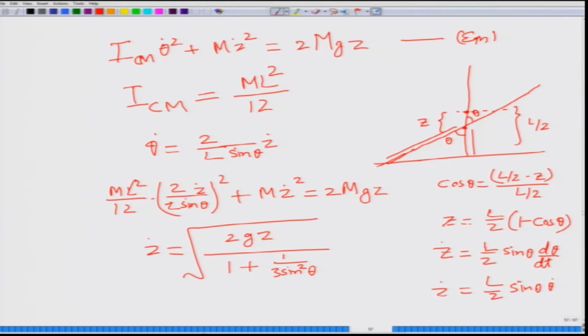Now again, this is actually our velocity which we want to find, this is our objective, but this is in terms of z, we want it in terms of theta.